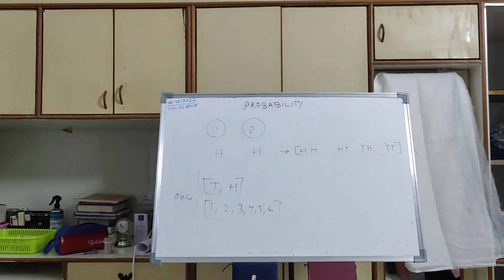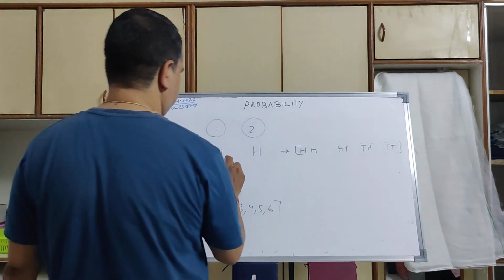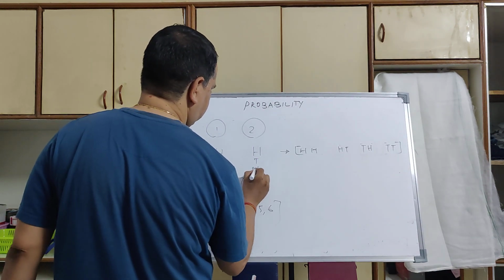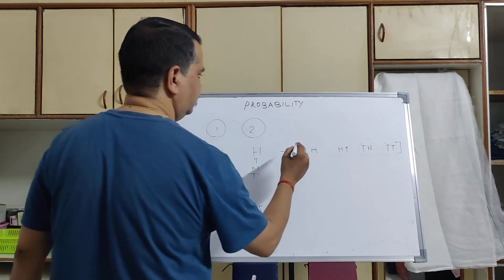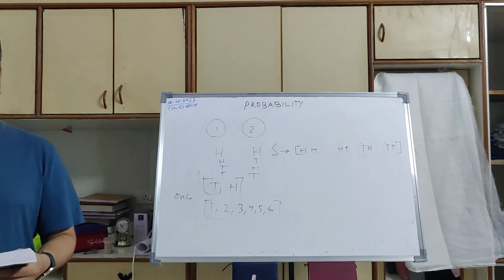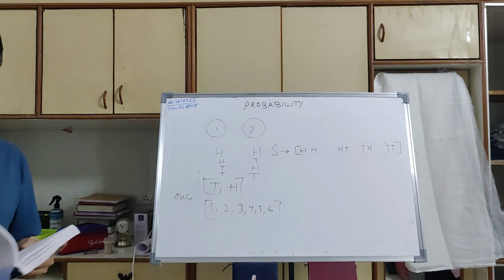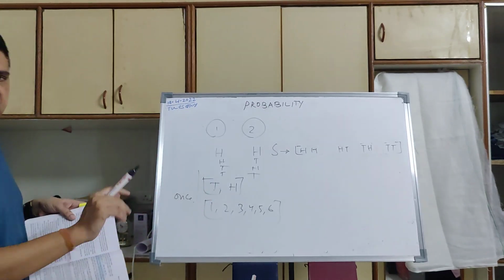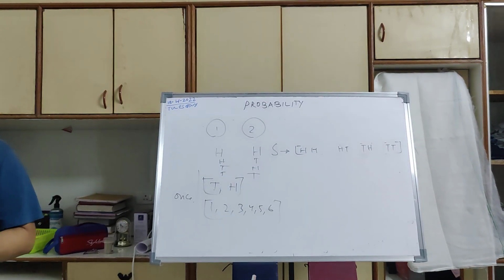There are four outcomes: HH, HT, TH and TT. So your sample space S is equal to this. Whether you toss one coin twice or two coins once, this is the sample space.